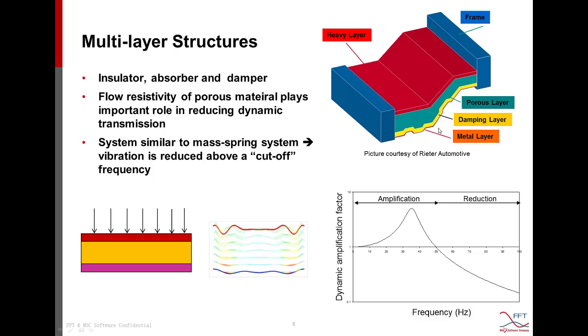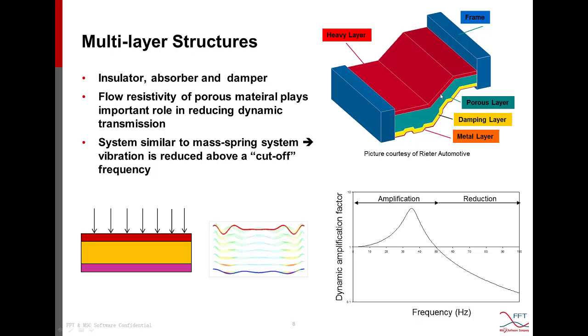From below, we have the thin metal layer, and then this layer is connected to the damping layer, which is a type of polymer. And then we have the porous layer that goes above this damping layer, and then the complete multi-layer structure finishes with this heavy layer.